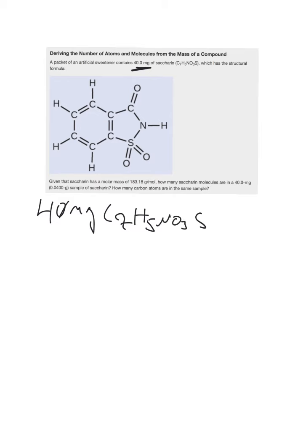Given that saccharin has a molar mass of 183.18 grams per mole, fabulous, they've calculated it for us, how many saccharin molecules are in a 40 milligram sample of saccharin? How many carbon atoms are in the same sample? I'm going to tackle the first question first, and then we'll go on to the second question.